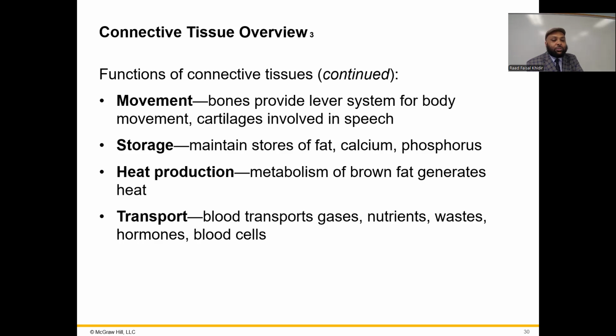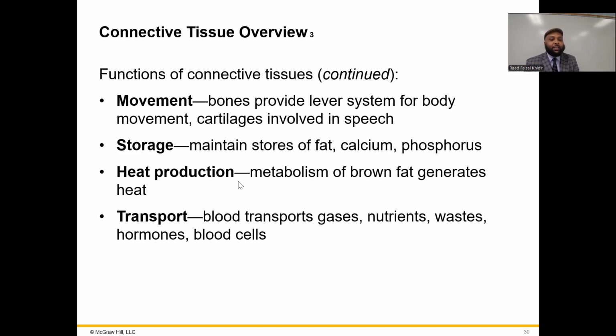The connective tissue is also important for heat production, because in heat production, there's a metabolism of brown fat that generates heat. And there's transportation. So we transport the blood. Blood transports the gases, nutrients, waste, and hormones.